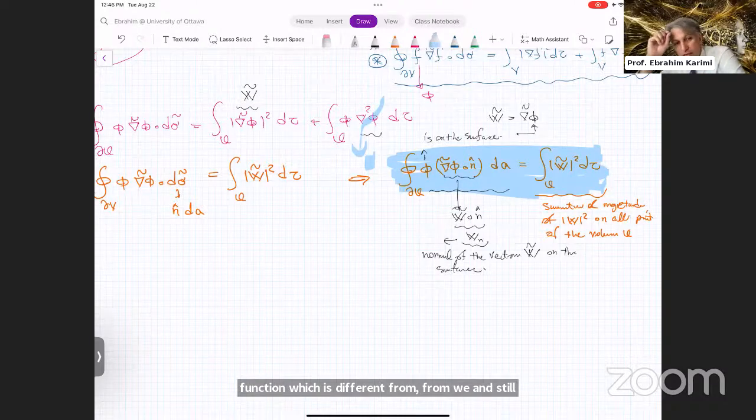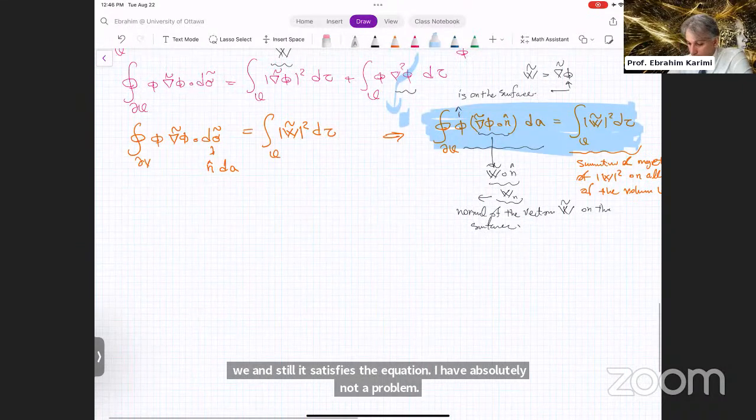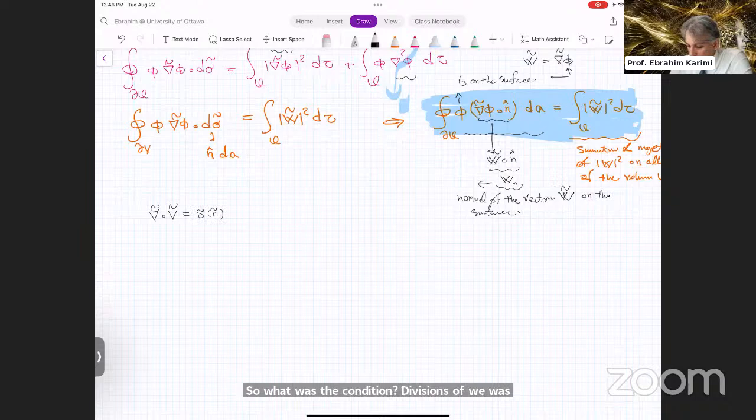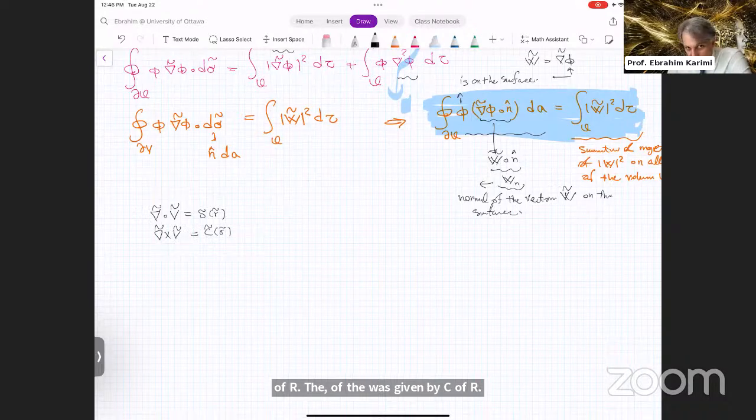How can I make it uniquely defined? Now let's make it uniquely defined. So what was the condition? Divergence of V was equal to S of R, and curl of V was given by C of R. And now I will tell you exactly, it is a boundary condition.